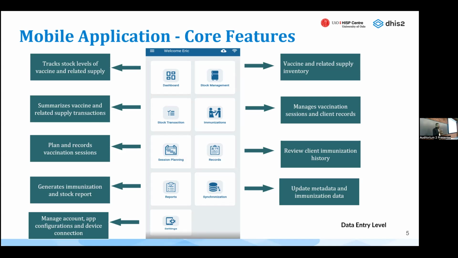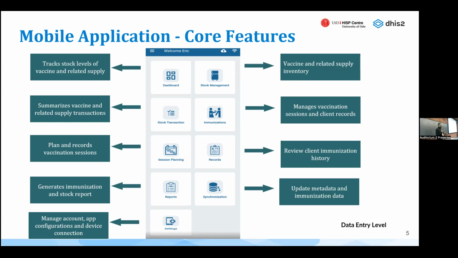So that was the reason why we decided to customize for the local context. Among the modules we were able to develop is one to track the stock level of the vaccine and other related supplies. For example, with BCG we have related supplies like the syringe.